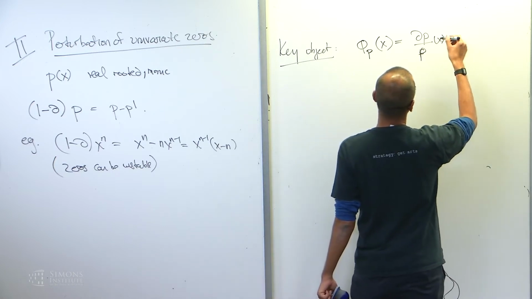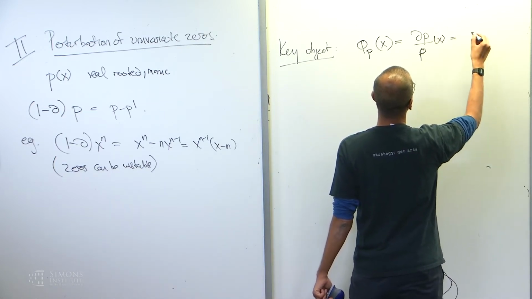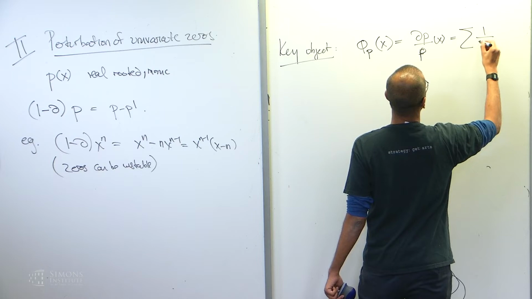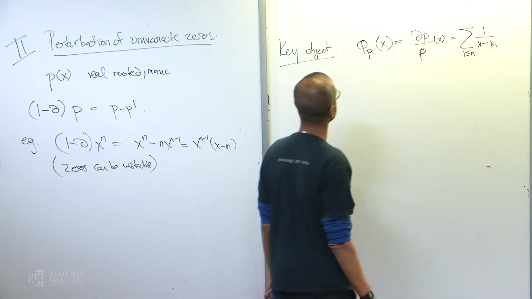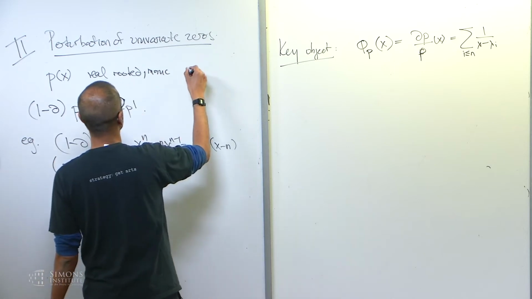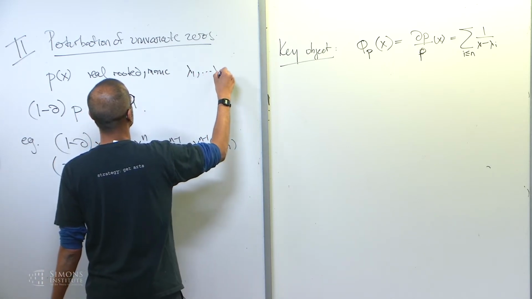So what is this? Well, it's a rational function whose poles are just the zeros of the polynomial. Okay. So let's say it has zeros lambda 1 through lambda n.